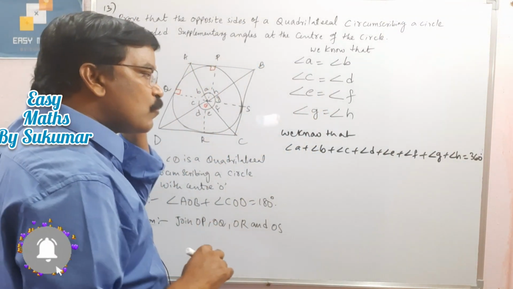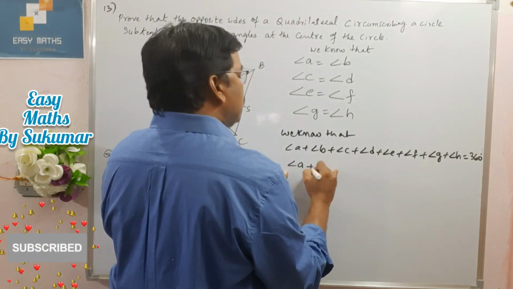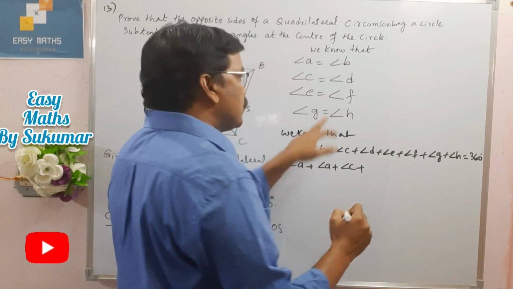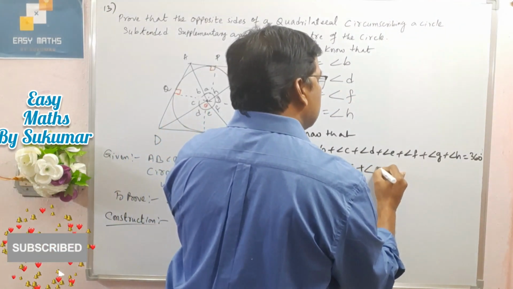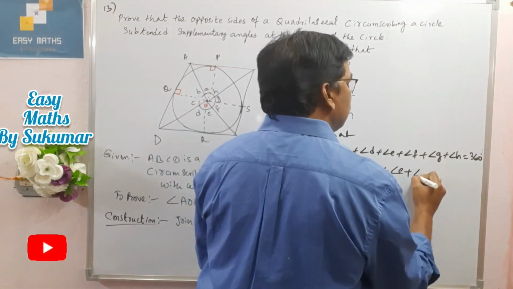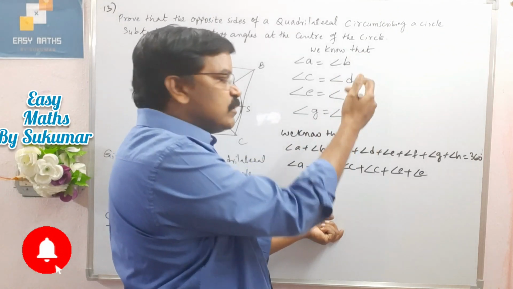Now, my dear students, here, instead of angle B, we can write angle A. Instead of angle D, we can write angle C. Instead of angle F, we can write angle E, from all these above equations.